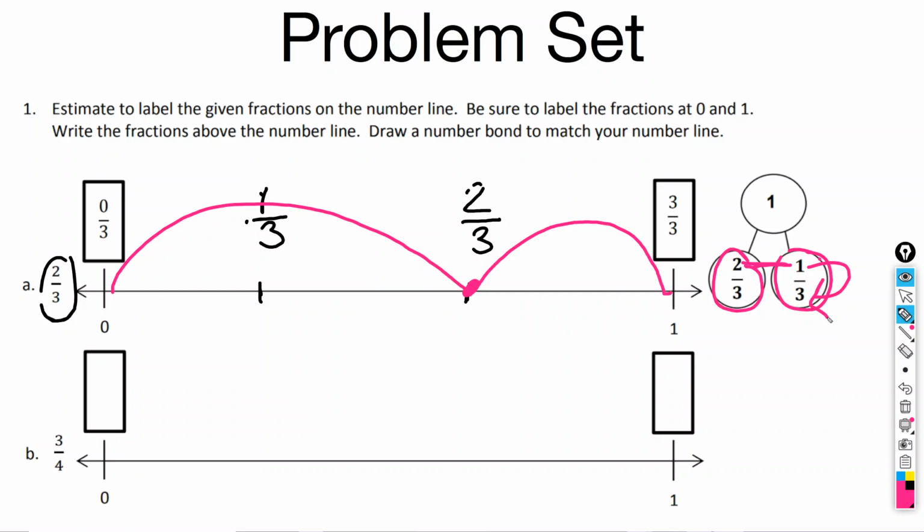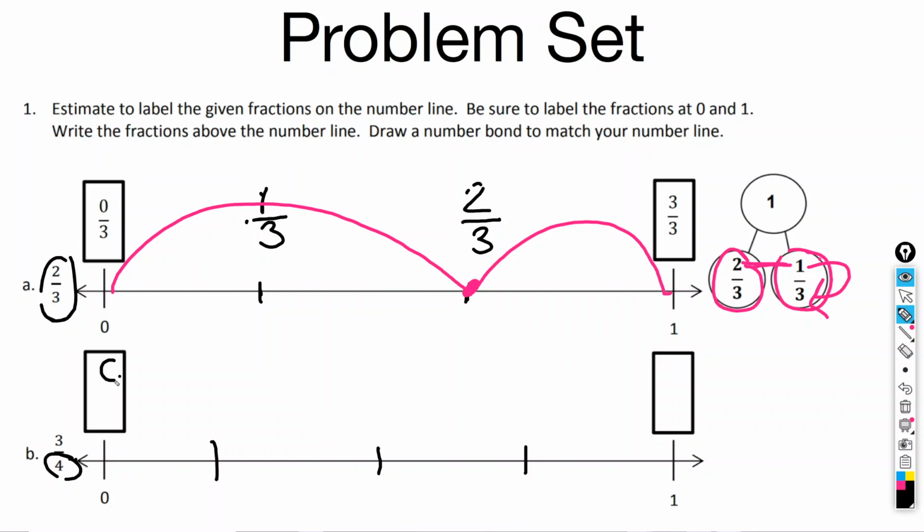Okay, let's go ahead to B. They want us to find 3/4. Now this one they did not start labeling for us. So first we're going to break it up into 4 pieces because we need fourths. 1, 2, 3, 4. So we have 4 pieces.